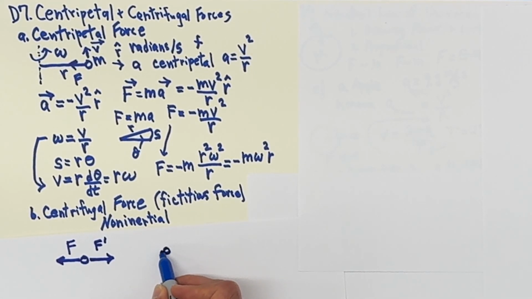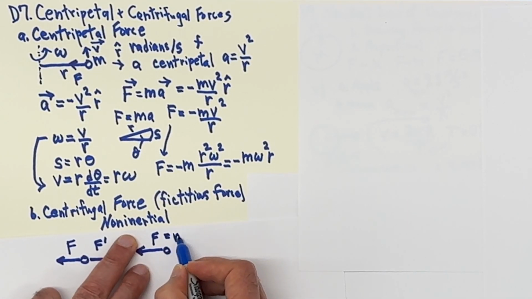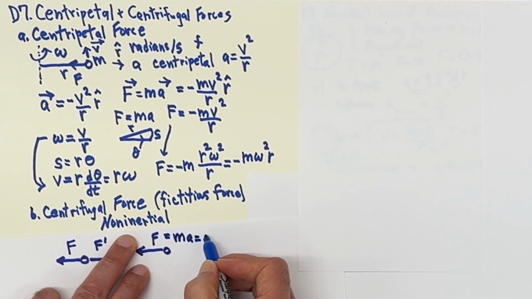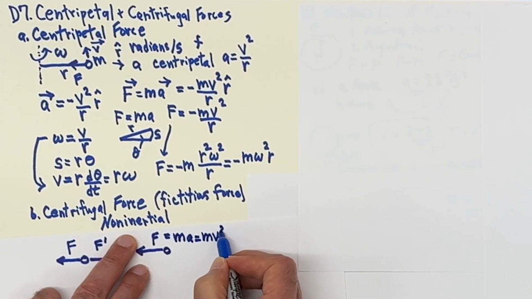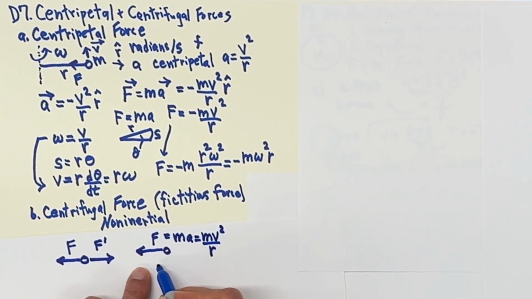You're in an inertial frame, then there's just the one force, F, that's working on that mass, and there's acceleration since there is circular motion. So there's one force, and the force equals ma, and that is mv squared over r. And this is the way the physicists would prefer to look at it.